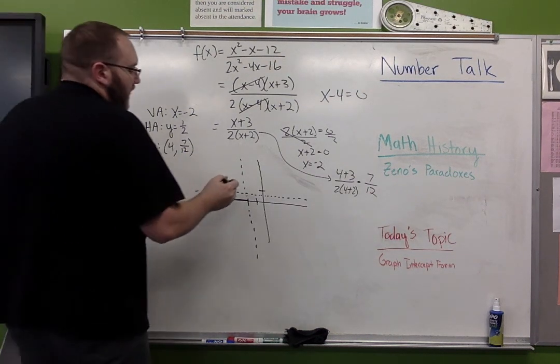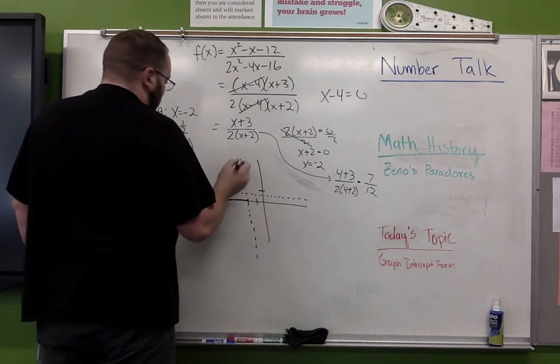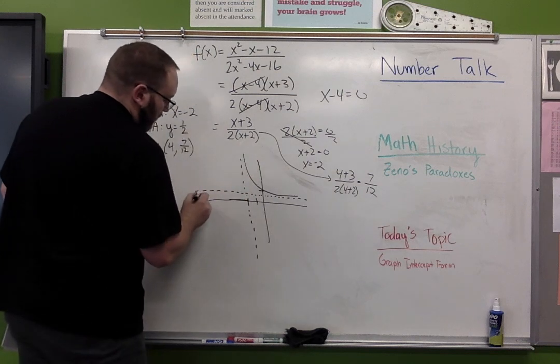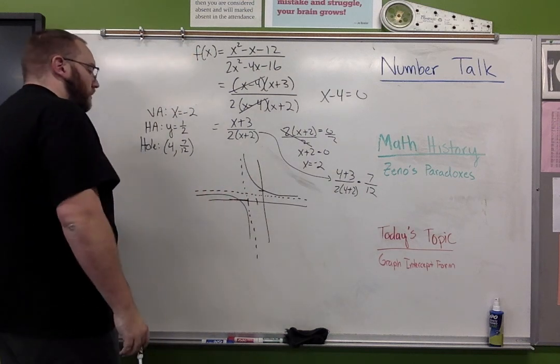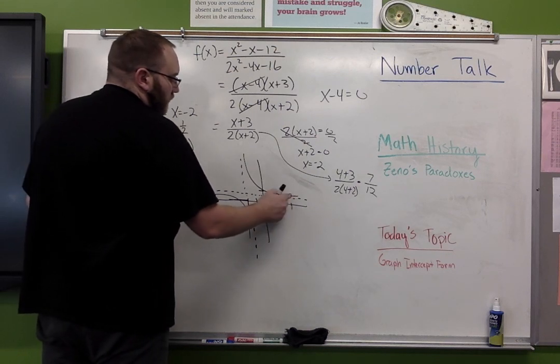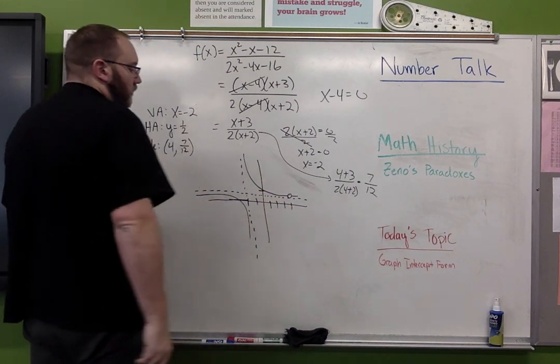So our graph is going to kind of look like that, and like that. At x value of 4, there's a hole in the graph.